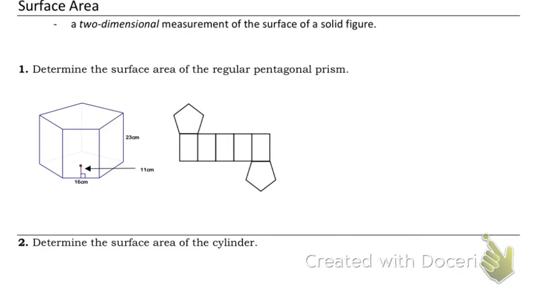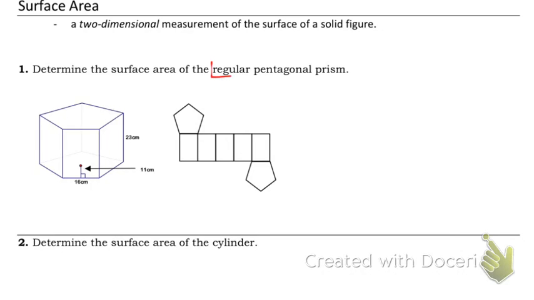And the easiest way to come up with surface area is to break down all the different surfaces that encompass that object. So we're starting off with finding the surface area of something called a regular pentagonal prism.